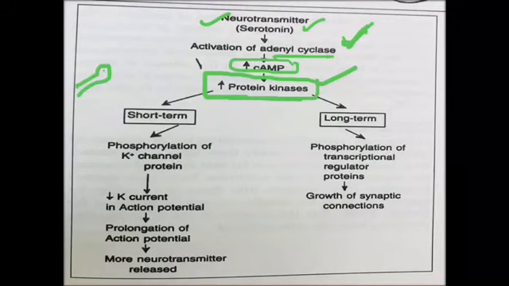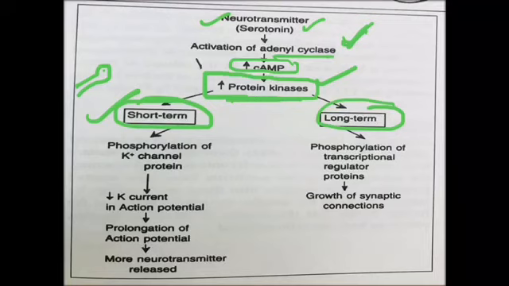in inactive state. Now when they get activated, there will be two types of changes, either the short term changes or the long term changes. In the short term changes, what is happening? Because of the increased protein kinases, potassium channel phosphorylation happens, and this phosphorylation of the potassium channel inactivates the potassium channel. Say if we take this, serotonin gets attached at the presynaptic neuron.